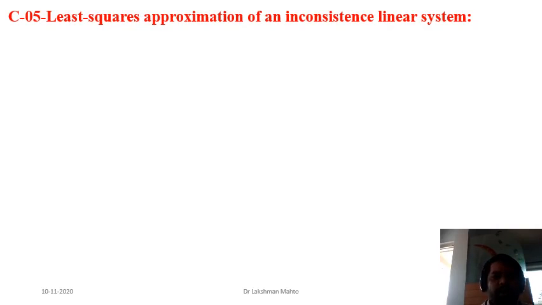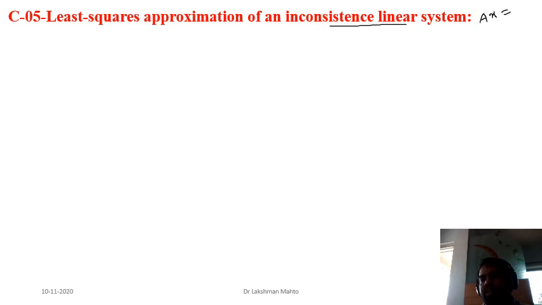Now I'm talking about the next concept, least square approximation of an inconsistent linear system. That means we have a linear system Ax equal to b which has no solution, meaning it is inconsistent.